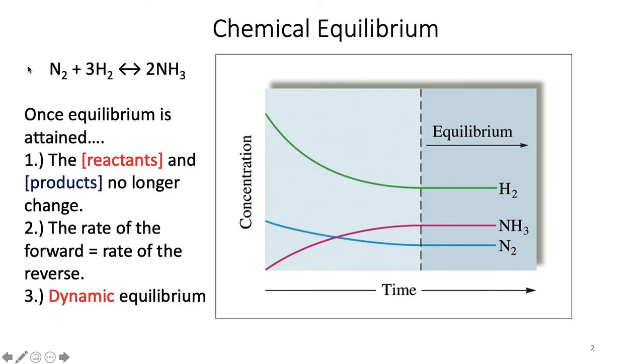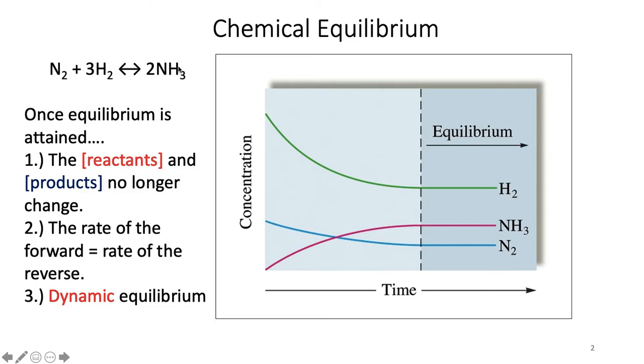Here's an example of a chemical reaction, and up until now we've only really talked about one direction, which is called the forward direction, in which the reactants are written on the left side and the products on the right-hand side with an arrow pointing from the reactants to the products.